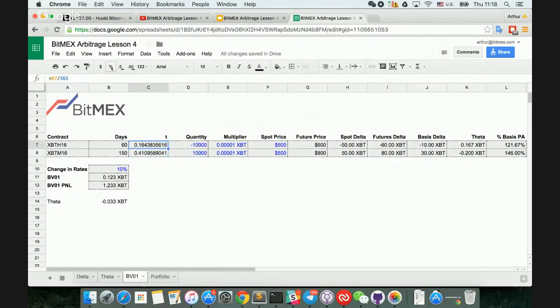So the most important factor in this calculation is the time value, or the number of days divided by 365. The longer dated of a contract that you trade, the more the price will be sensitive to changes in interest rates, and the more you have to be cognizant of the premium or discount paid or received to trade this futures contract.